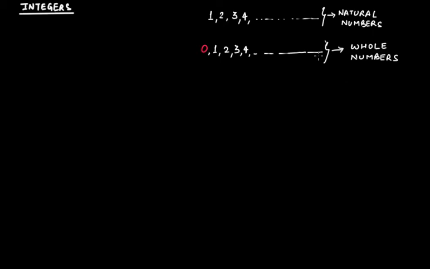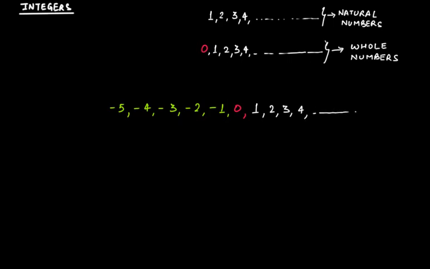But what if I write like this? Let's say -5, -4, -3. Let me make some proper space. I write -5, -4, -3, -2, -1, and this 0, and then this 1, 2, 3, 4, and so on.